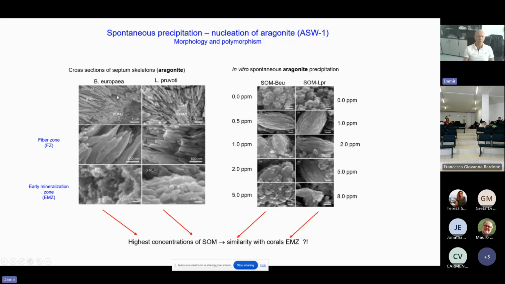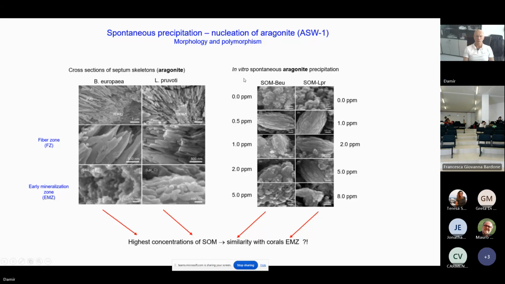So you can notice here two classes of aragonite crystals. This is completely aragonite, but we can notice here early mineralization crystals that are smaller, and aggregates of small aragonite crystals. This part of the septum is called the early mineralization zone, and also a fiber zone here.